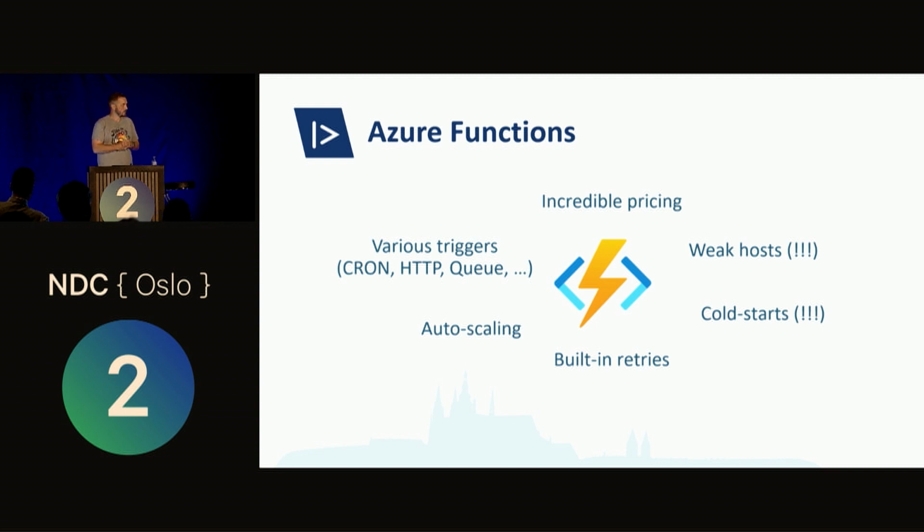Let me warn you a little bit about the hosts which are hosting the Azure Function processes. I use Azure Functions for more projects, not only for the weather service. And I realized that for some kinds of calculations and doing some I/O stuff, it's not really good, because those hosts, especially on the consumption plan, which is the plan which makes it nice because you only pay for what you use, are really weak.